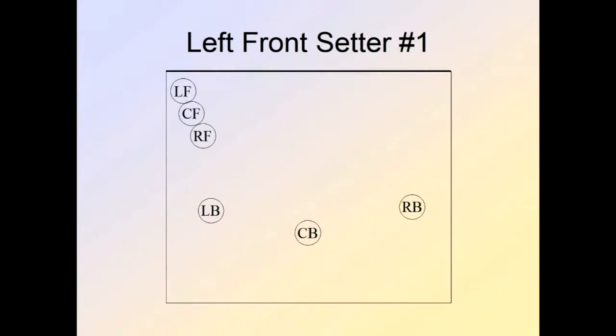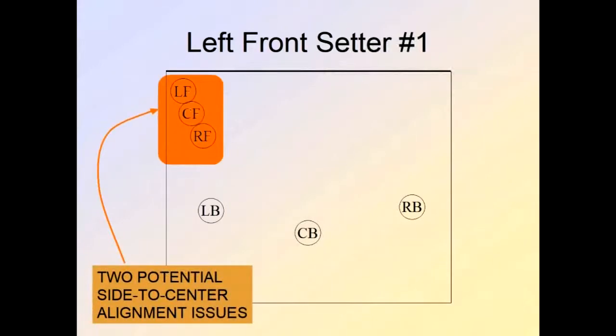There are 2 potential side to center alignment issues, and that would be the center front and the right front, ensuring that the right front is obviously closer to the right side boundary, which in this case they are.